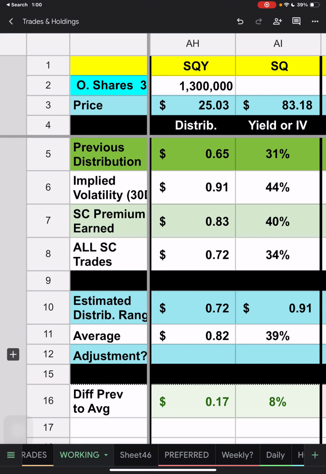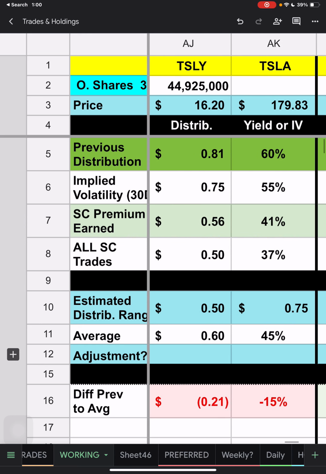So I don't know. We might be able to get up to $1. I guess it just depends on where the outstanding shares go and what we do in the next 4 days.